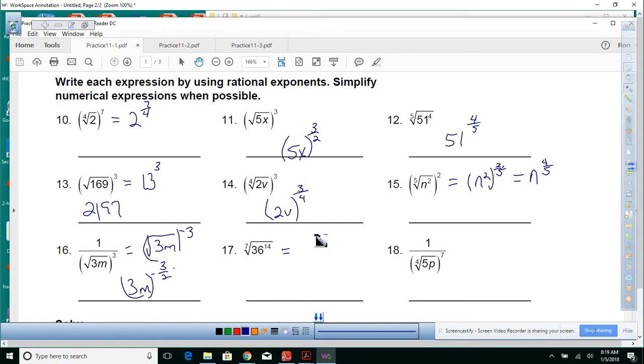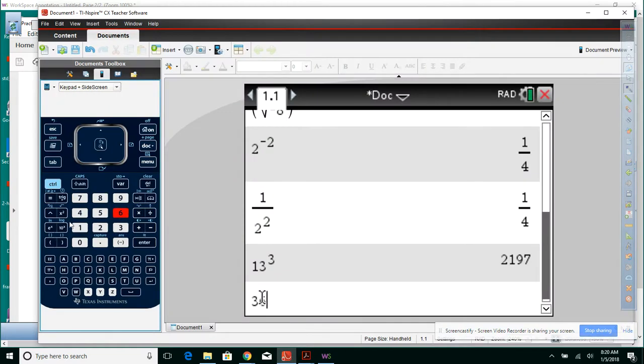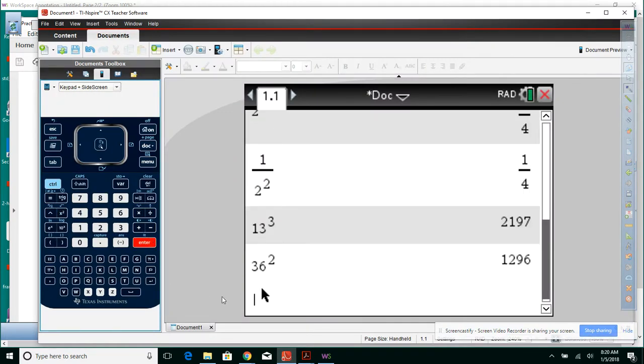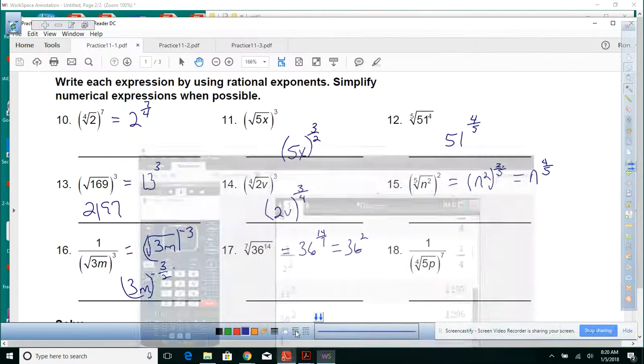And what about here? This becomes 36 to the 14/7. 14 divided by 7 is 2, so that's 36 squared. I don't know what that is off the top of my head, so we'll do that right there. 1296.